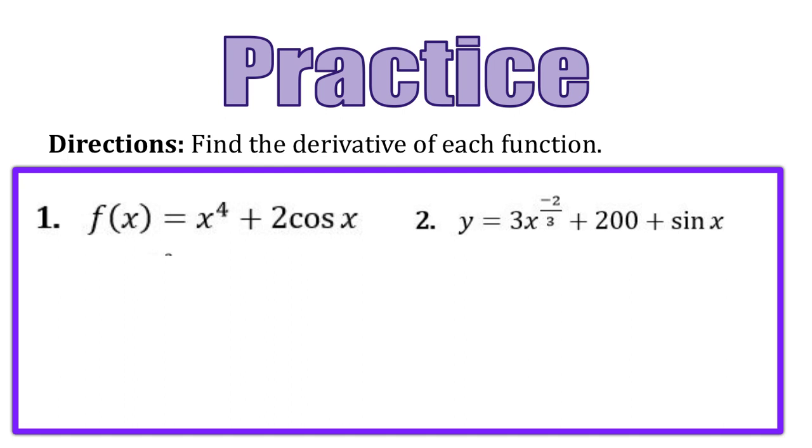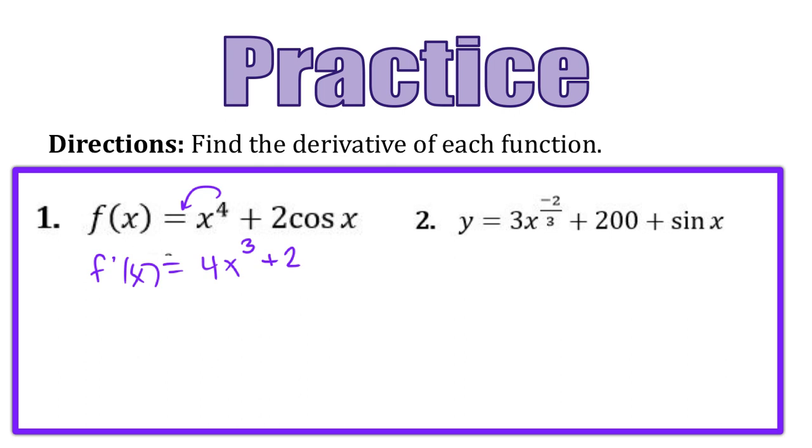So for the first term on number 1, x to the fourth, we're going to use that power rule that we learned. So we're going to take the exponent that's already there, 4, and we're going to drop it in front, and then we're going to decrease the exponent by 1. So the derivative of x to the fourth is 4x cubed. The 2 in front of cosine is just a scalar, so I'm going to just rewrite it.